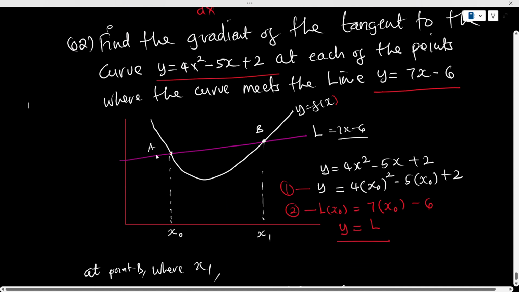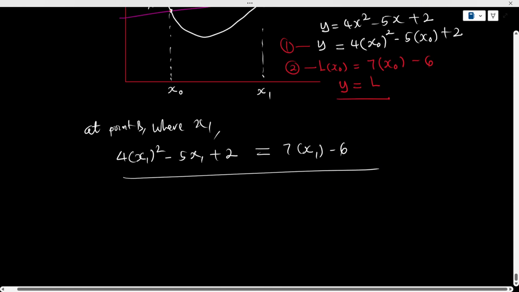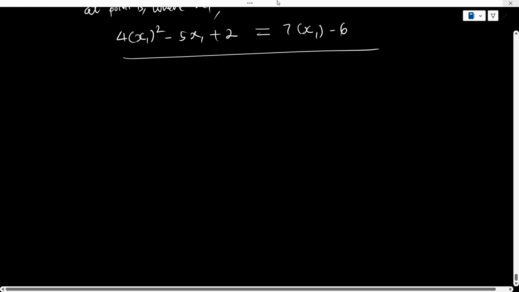Now the real question is, what is this point A and what is this point B? That's what you're going to do first. We're going to set the first equation equal to the second equation, and solve to find these 2 points where this line intersects the curve.